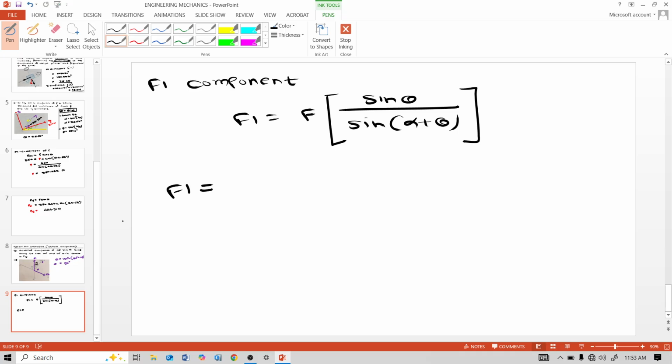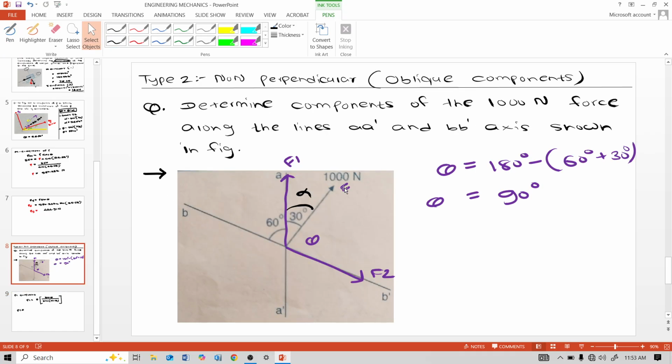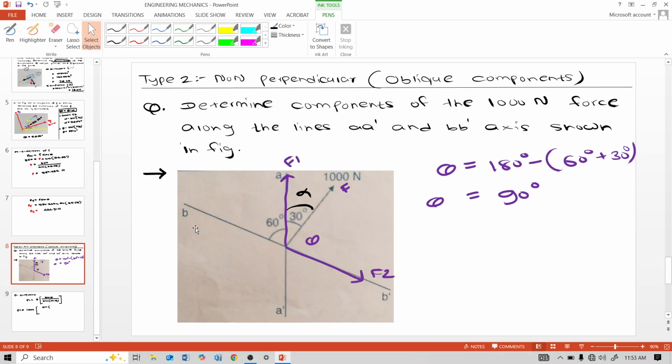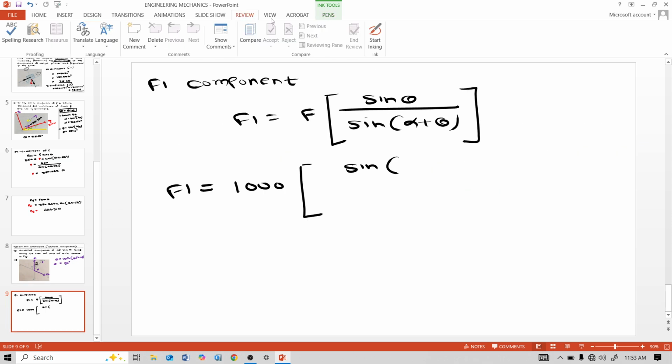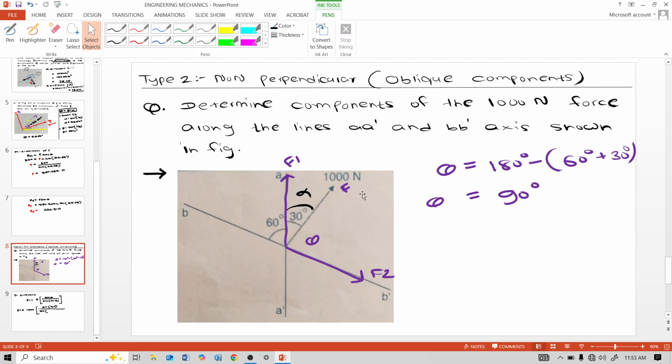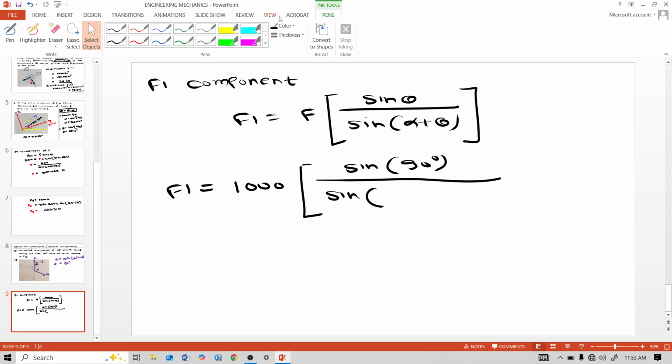So F1 is equal to F, and we know that F is 1000 Newton, into sine of theta, which we already calculated as 90 degree, upon sine of alpha plus theta. Alpha is already given, it is the angle between F and F1, and it is 30 degree.